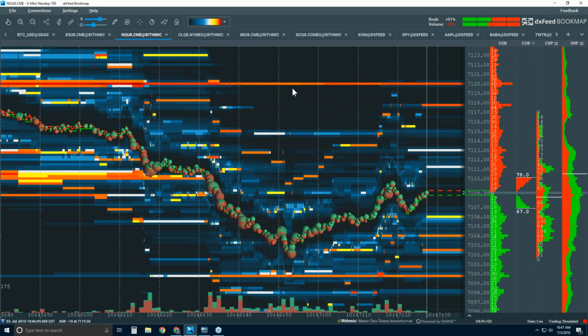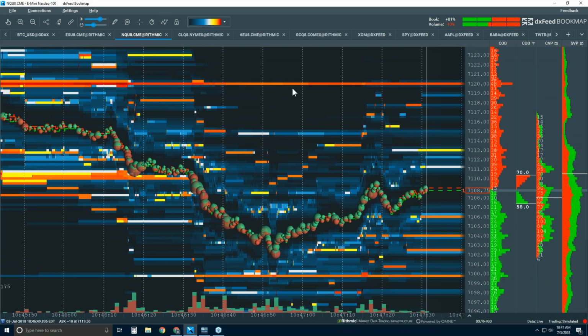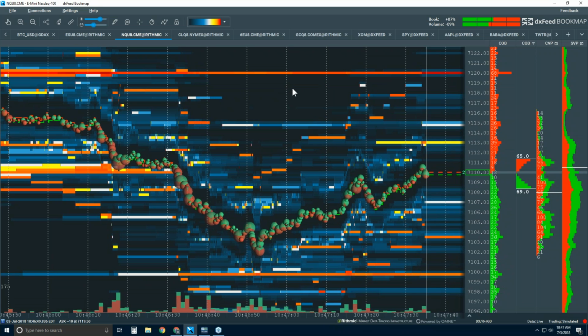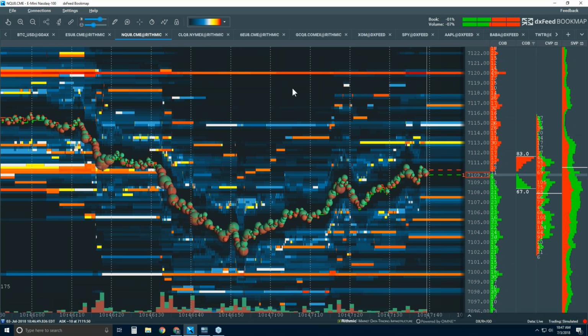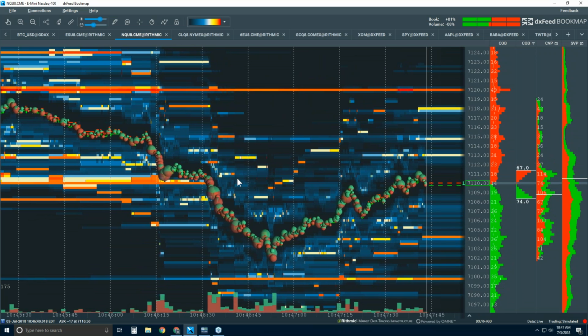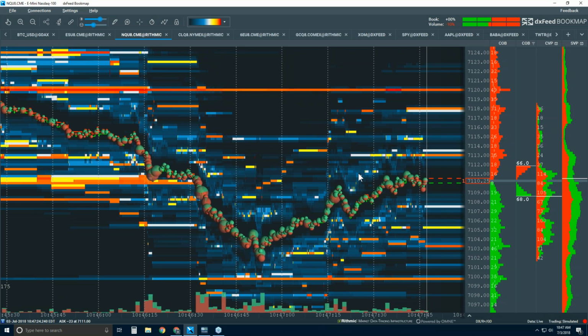No, we have no contract with them, Martin. There's no money exchanged at all between us and Rhythmic. We like the way that their data comes into Bookmap, so a bit more accurate, we think, in the microstructure, and then you get this advantage of full depth of market.